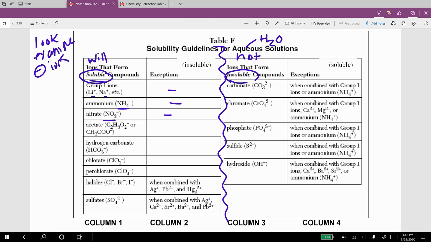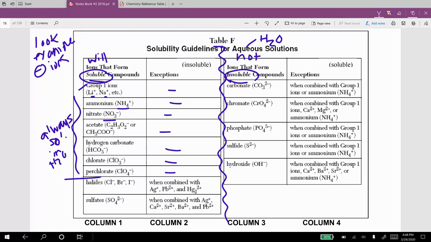Always soluble, no exceptions. So I'm just going to write always soluble in water.